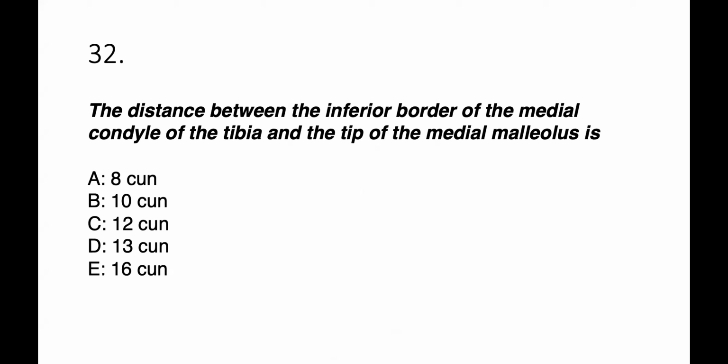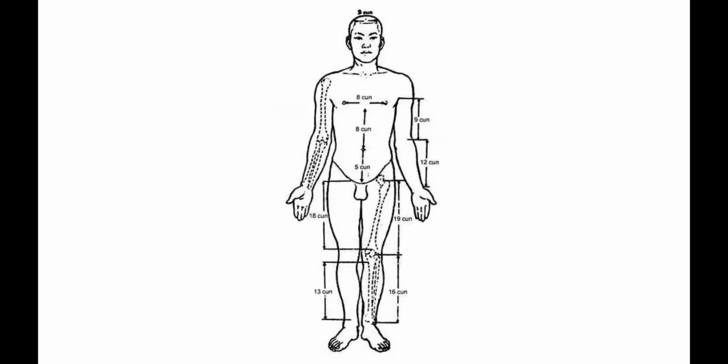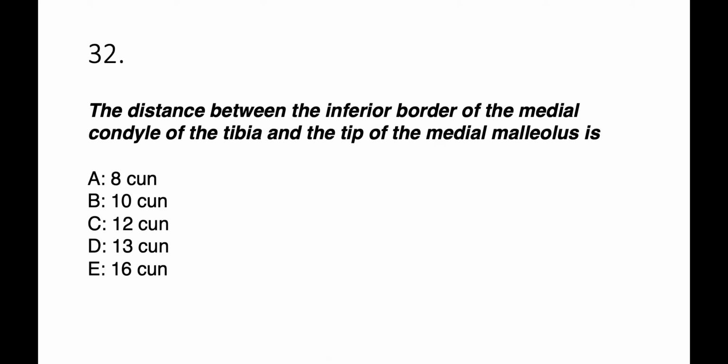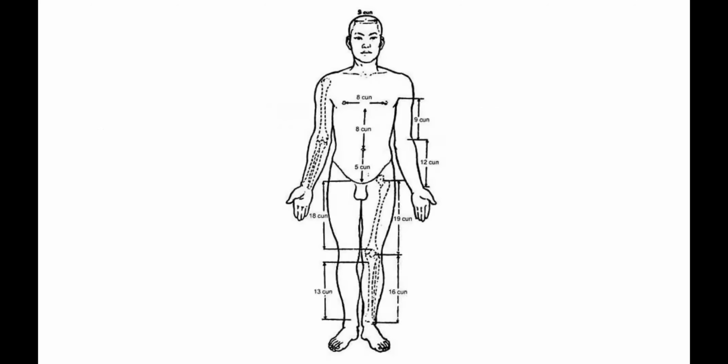32. The distance between the inferior border of the medial condyle of tibia and the tip of the medial malleolus is 32. Ilang tune? 13, Doctor. Okay. 13 tune.